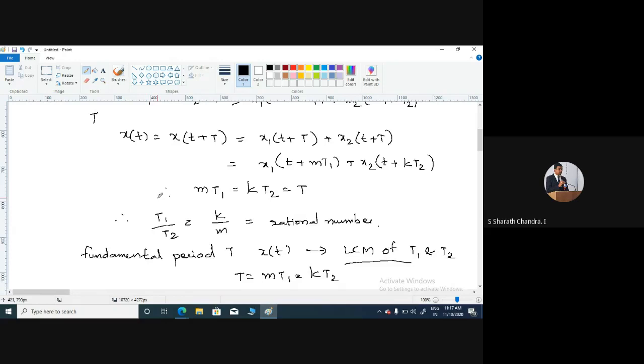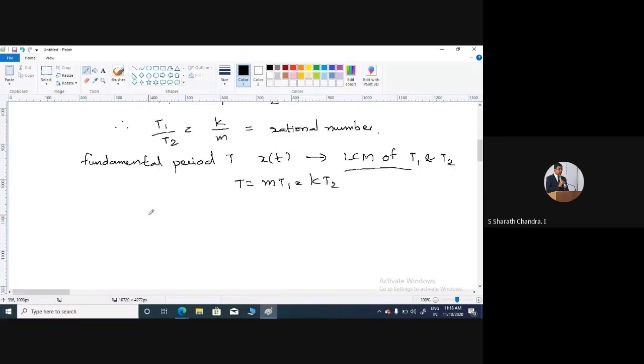From this discussion, I can clearly say that the sum of two periodic signals is periodic only if the ratio of their respective periods is a rational number, and the fundamental period is the LCM of their respective fundamental periods. Hope that it is understandable. This same condition also holds good for discrete time signals.